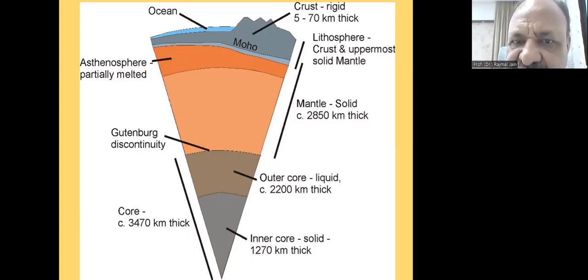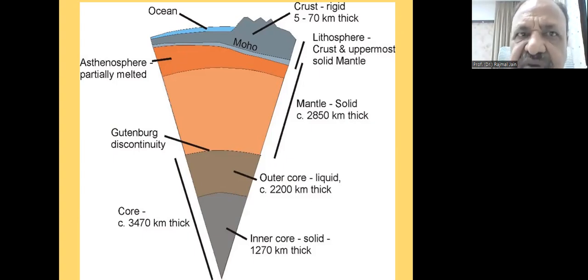Then you will see the layers from the top surface to the center. Assume that the melon is our earth, and compare whatever I am saying as the different layers of that melon to the geosphere.